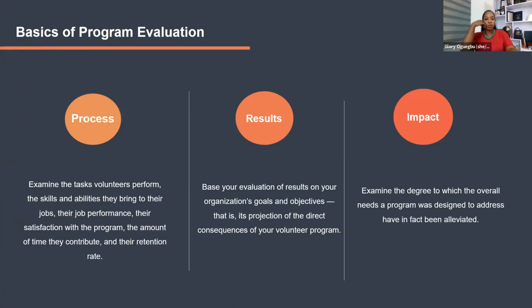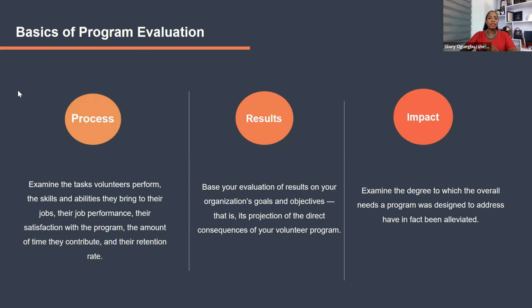The process is what you took to do the program: all of the arrangements, identifying the problem in the community, choosing a specific niche that you can address, designing the solution, recruiting your volunteers to work on the solution, and then execution. Those are all the parts of the process.